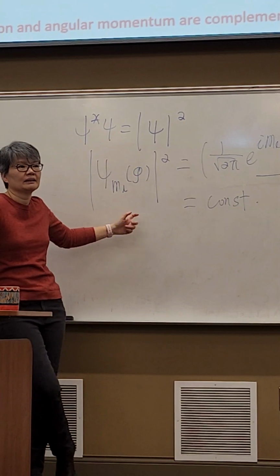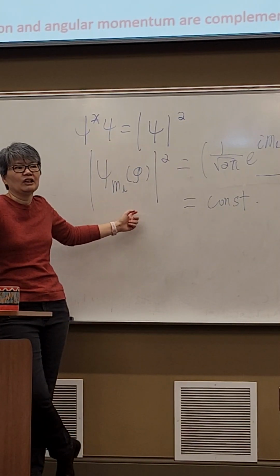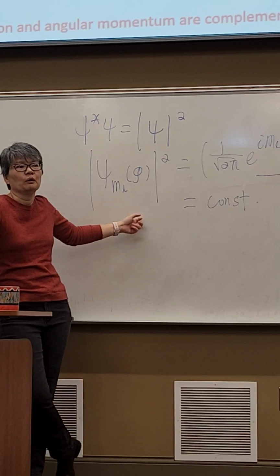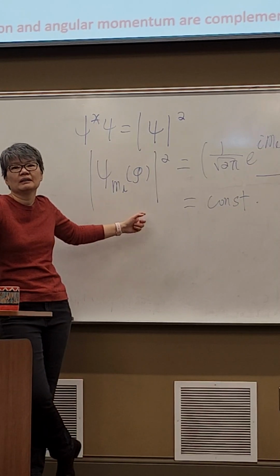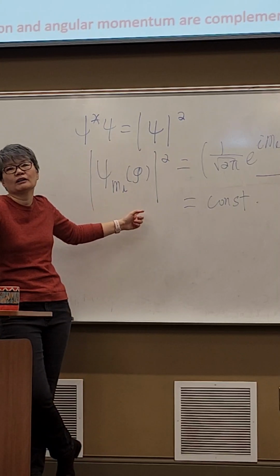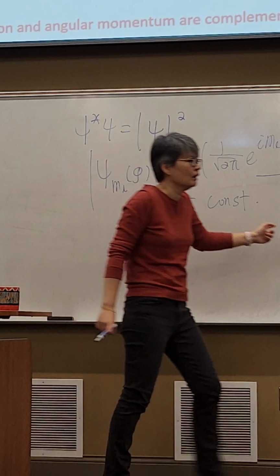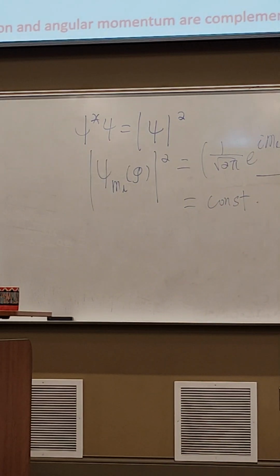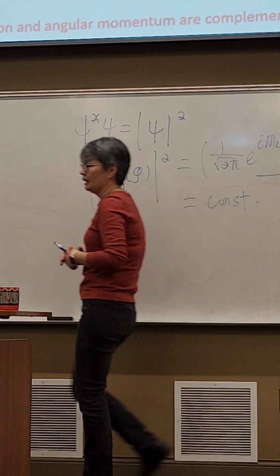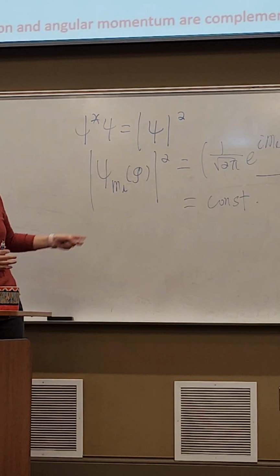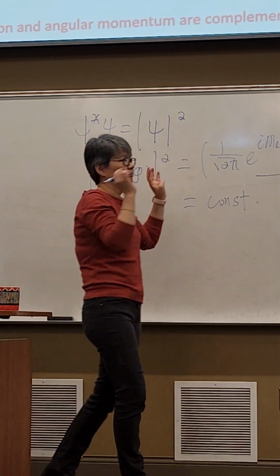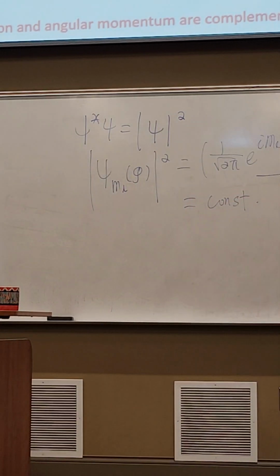However, you lost the determination with precision for your position, because this has an equal probability at any part of the plane. However, your angular momentum can be precisely determined. Right? Okay, now we can prove that. I'm showing you here by plugging in, but we also can prove it.